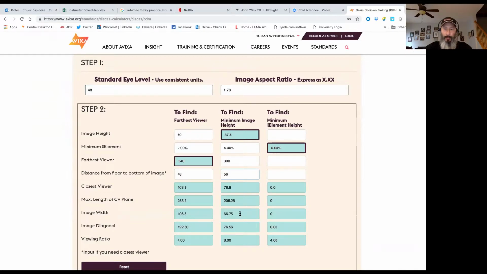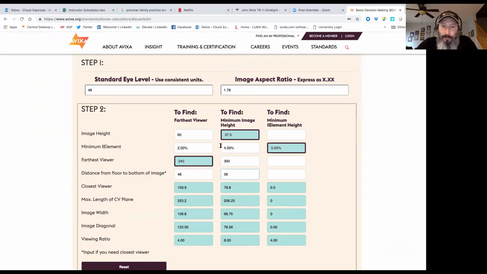Your image width is 66, and your diagonal is 67, or 76. Here, you could get away with a 75. You know, we're talking tiny at this time. Yeah. And because my element is 4%, my viewing ratio is 1 to 8. Yep. So this 4% now means I can get a 75-inch diagonal.